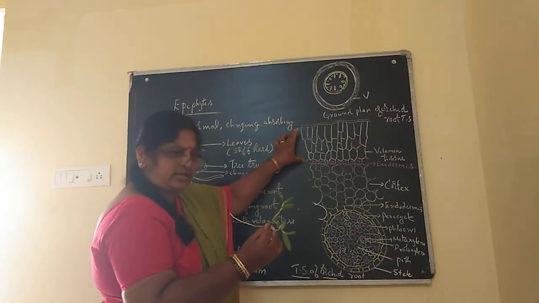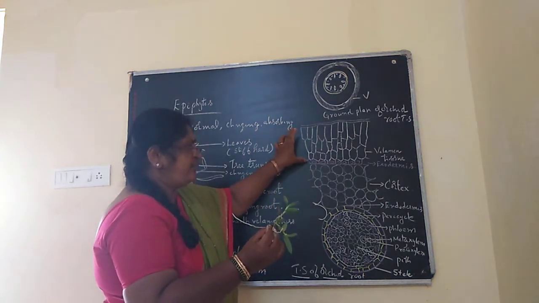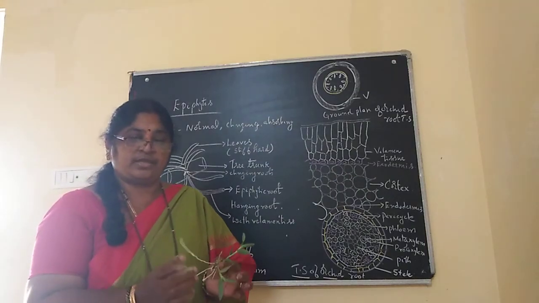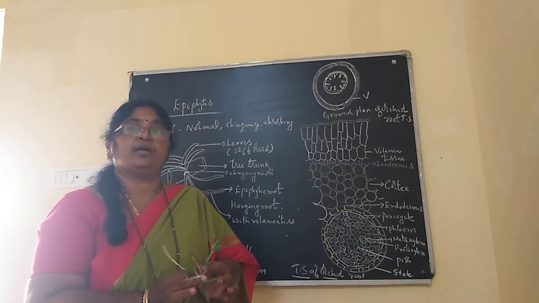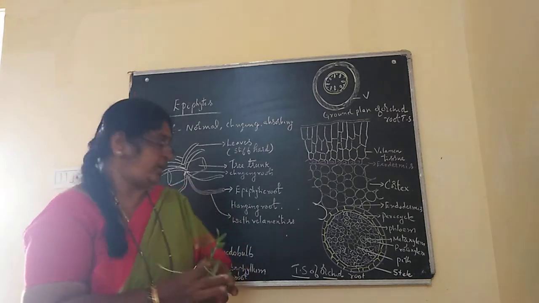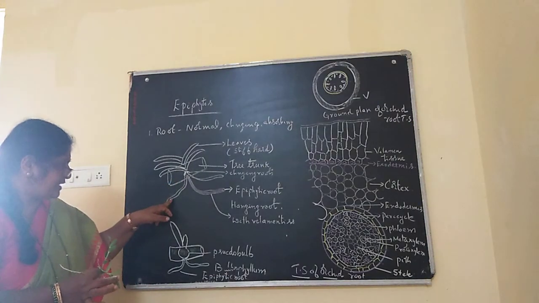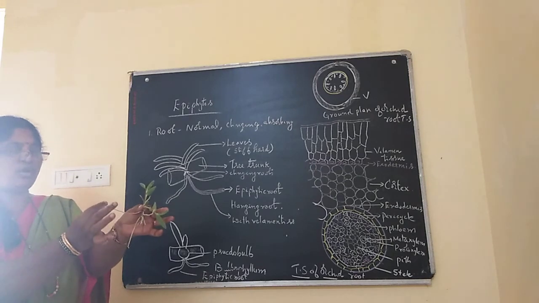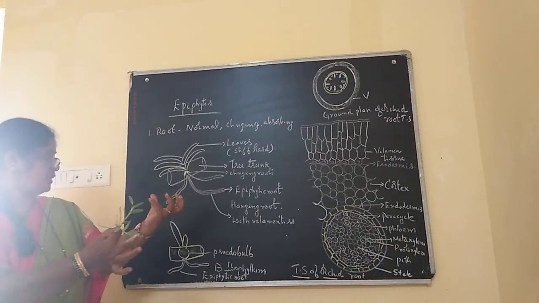This velamen tissue, which is made up of dead sclerenchymatous tissue, helps in absorption. So you see that the orchid roots help in absorption of moisture. They grow on the tree trunk, and these roots, having a special type of tissue called velamen tissue, help in absorption.